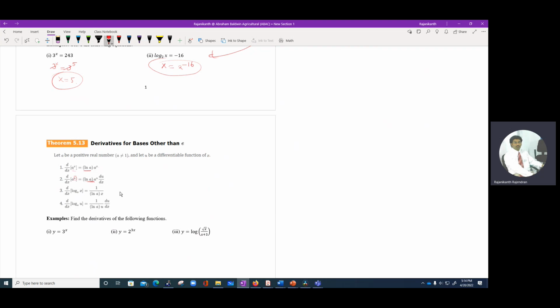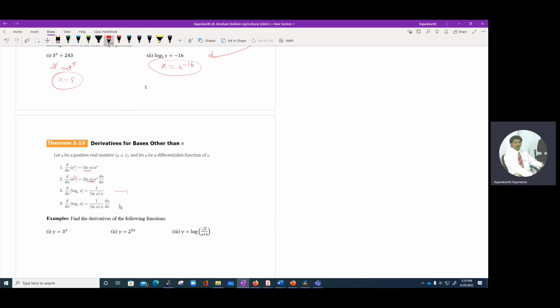Okay, so the next one is the derivative of log base a of x, which is 1 over x, but you see an extra factor, ln a, here. Again, the derivative of log base a of some other variable u with respect to x is 1 over u times ln a, times du over dx.